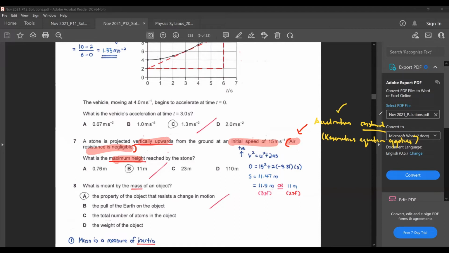Your acceleration here is actually just equal to g, because weight is the only force. In your case here, weight is the only force. Acceleration will be equal to g, and it will remain constant throughout. So kinematics equation apply.